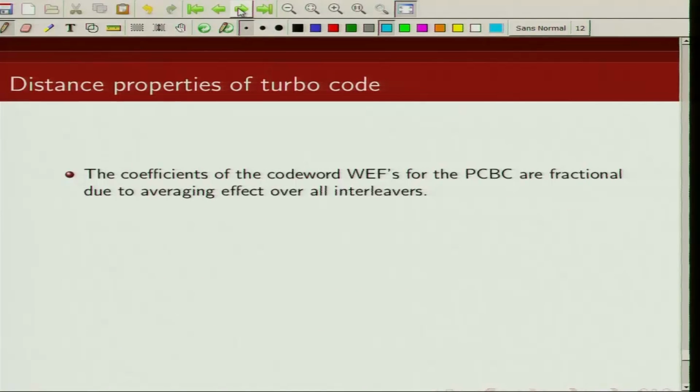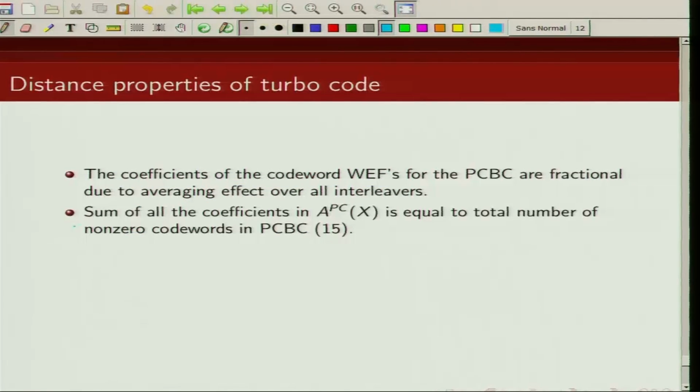Now, points to be noted: we saw the coefficients of the code word weight enumerating functions are fractional. And why are they fractional? This is due to the averaging effect over all interleavers.